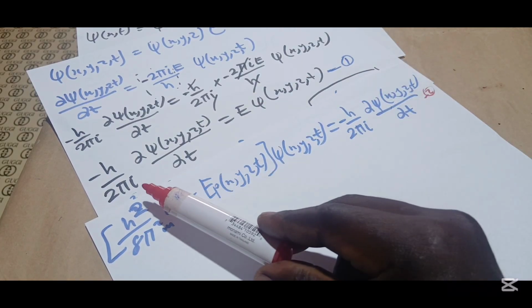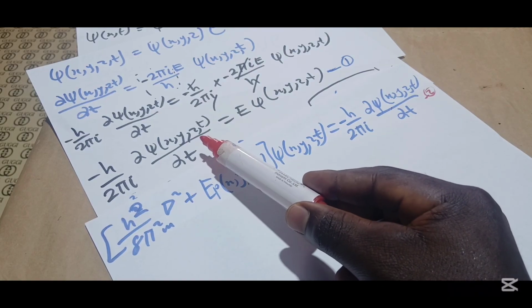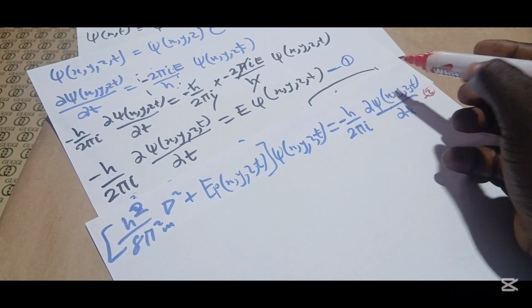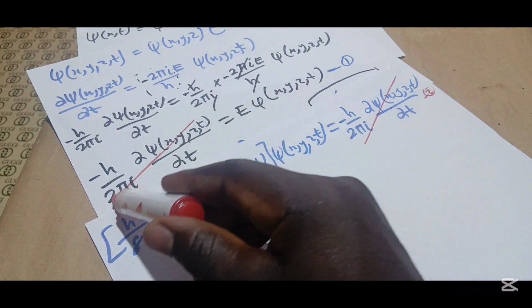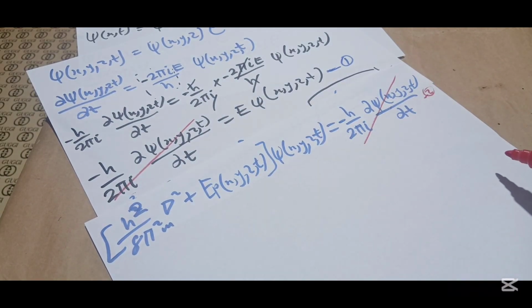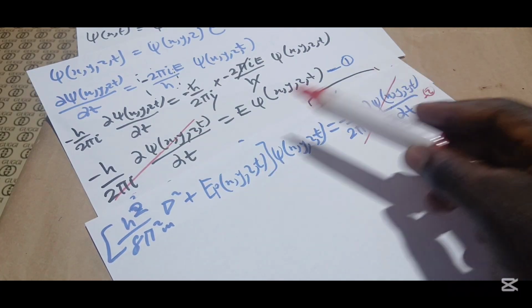And we also have minus h over 2 pi i with the wave function changing with respect to time. So it means that we can cancel out this term here. So what are we left with? Let's add the rest of the equation together.